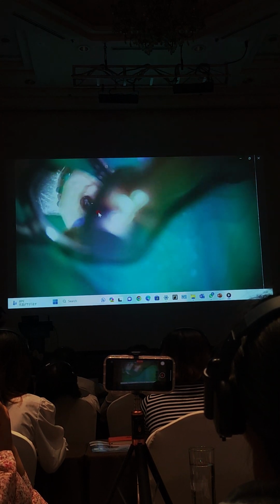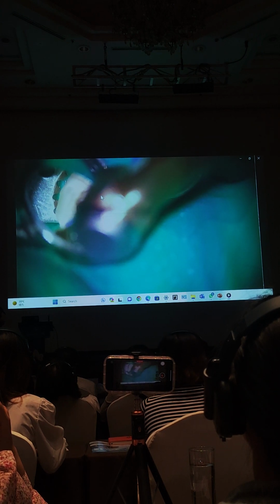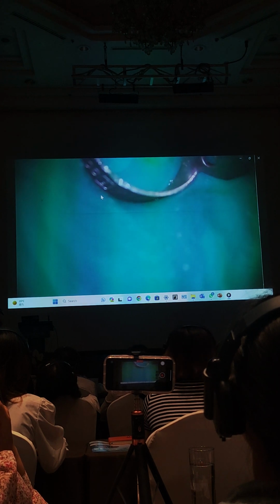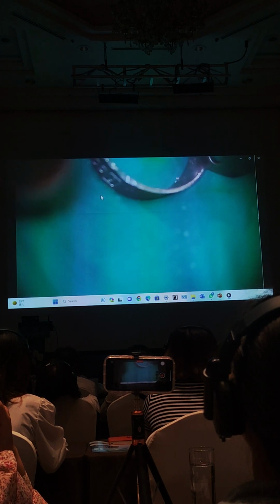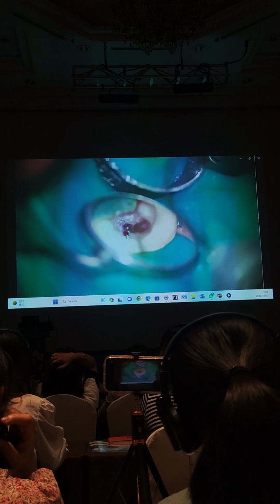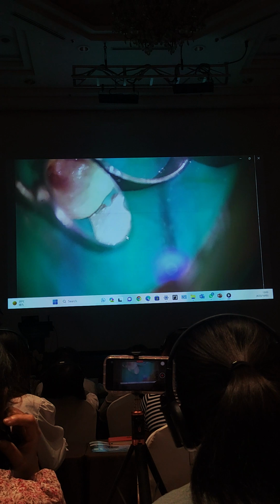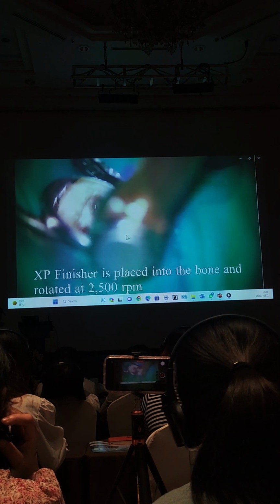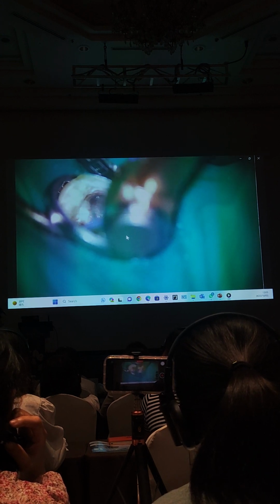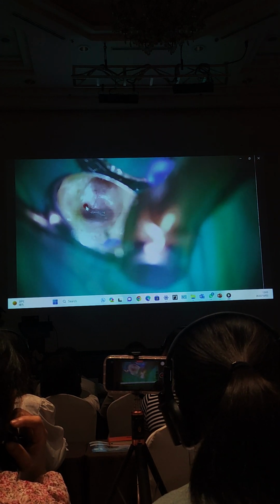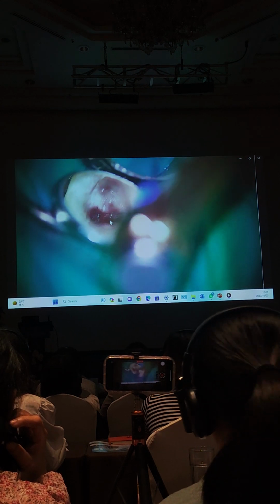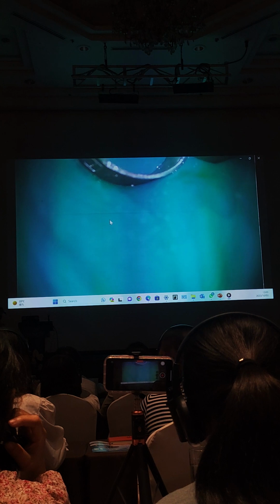Now you will see the blood coming out because I'm spinning the XP Shaper beyond the apical foramen. Now I inject chloroform into the periapical tissues. The patient doesn't feel any pain because chloroform used to be used as an anesthetic. Now this is the XP Finisher because I want to expand the XP Finisher beyond the apical foramen.